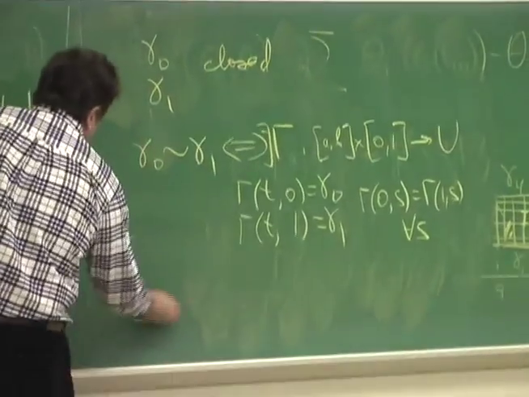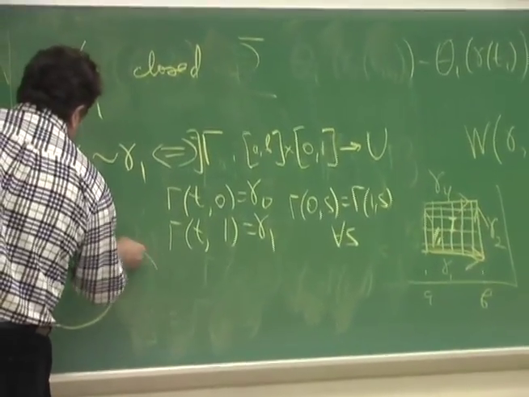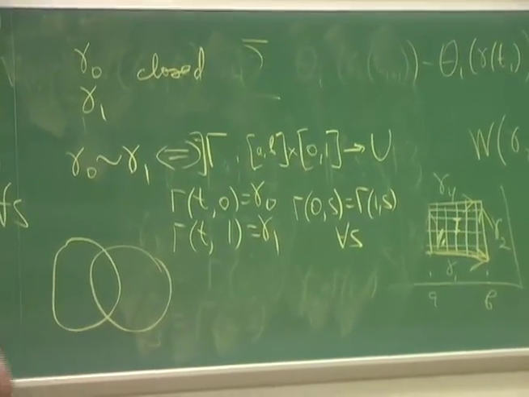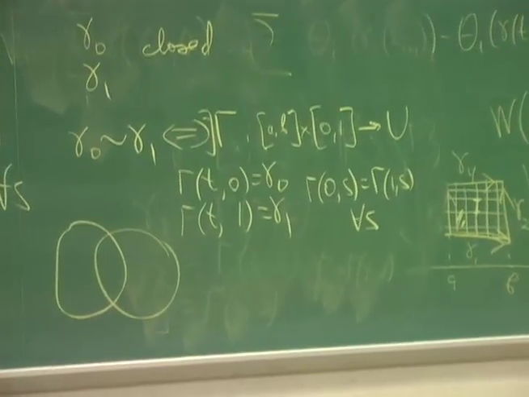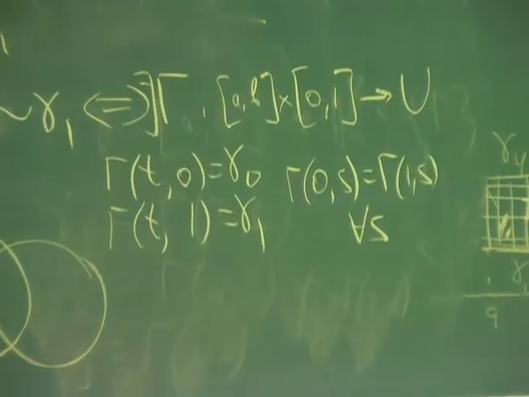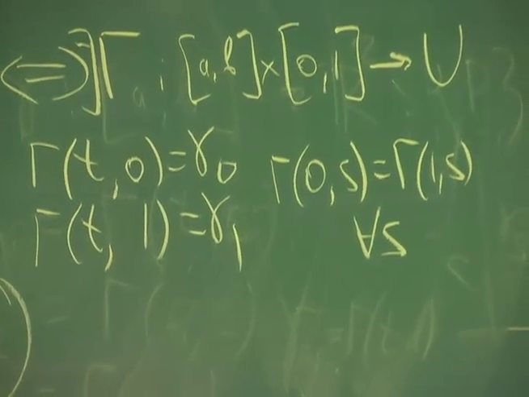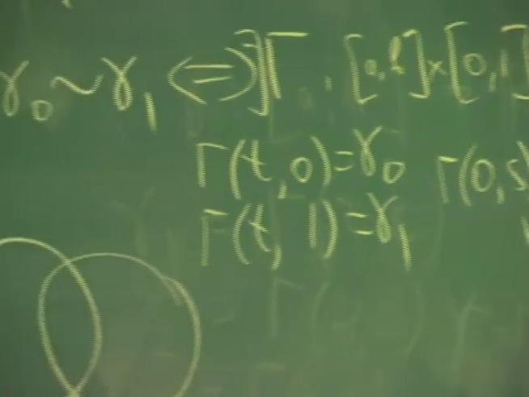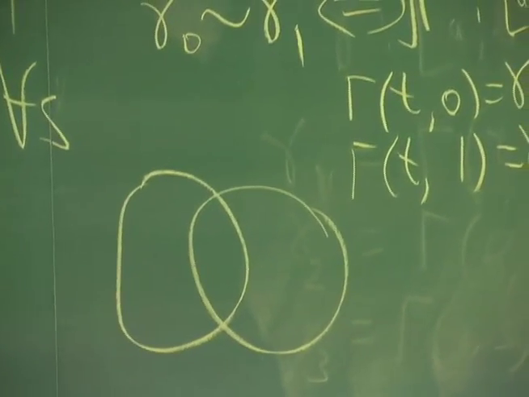So if I have one closed curve and another closed curve, I must be able to interpolate between them continuously, to find a whole family of closed curves, continuously depending upon the parameter, which interpolates between these two curves.